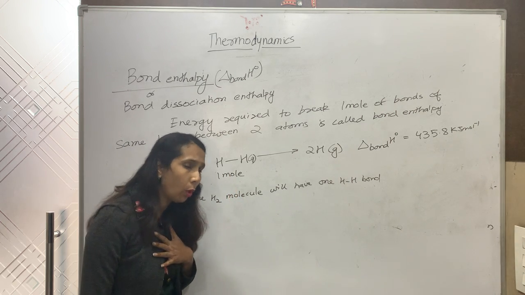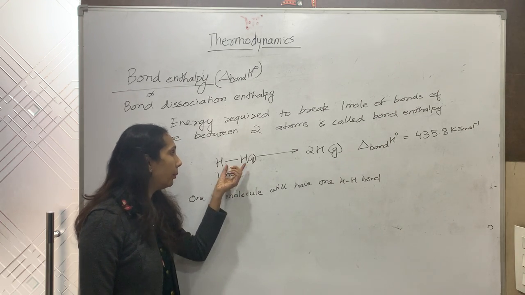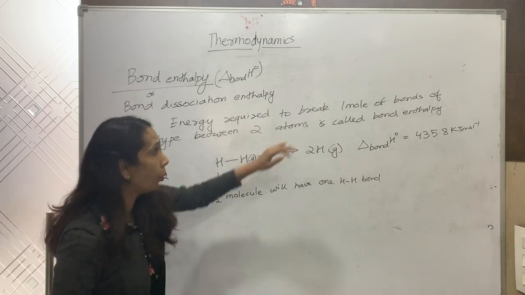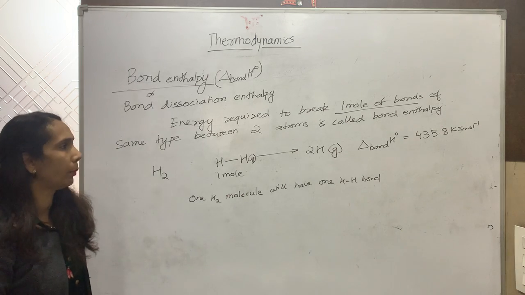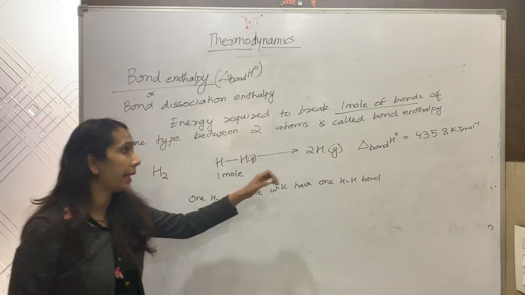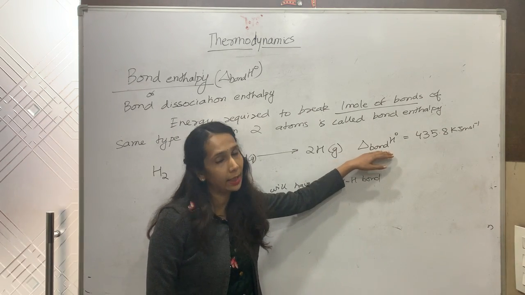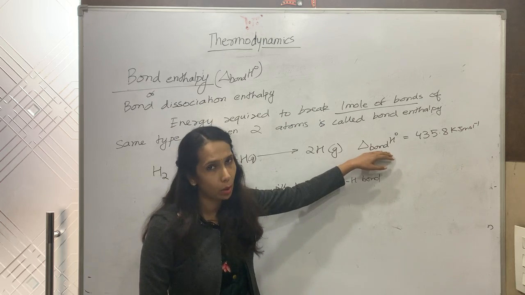So 1 mole of hydrogen molecules will have 1 mole of H-H bonds, and the energy required to break 1 mole of bonds is called bond enthalpy. So this can be called bond enthalpy as well as enthalpy of atomization.